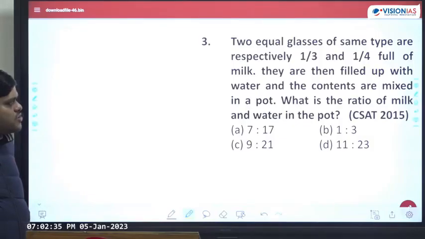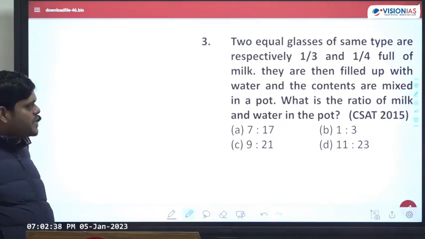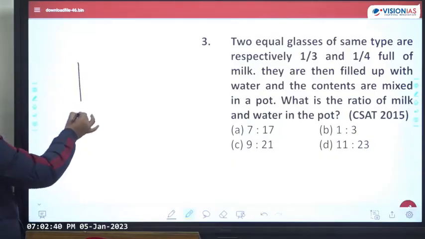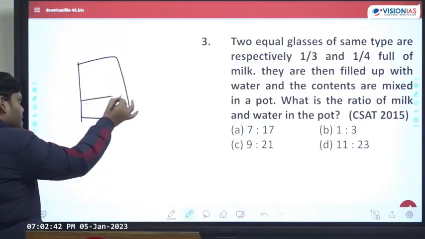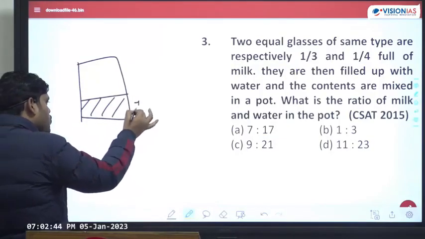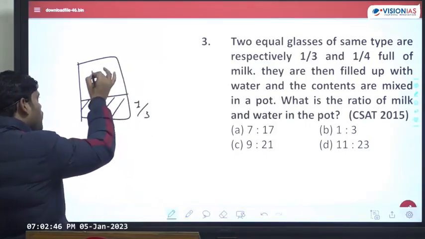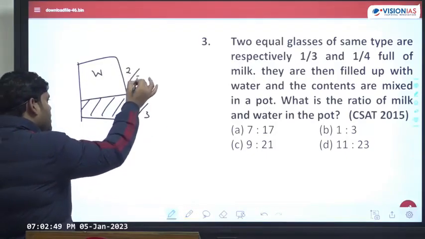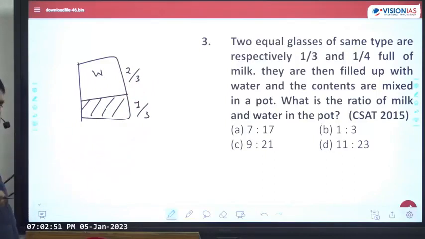Two equal glasses of the same type are respectively 1/3 and 1/4 filled with milk. So this one is 1/3 milk, and the water will be 2/3 because they are filled up with water now.